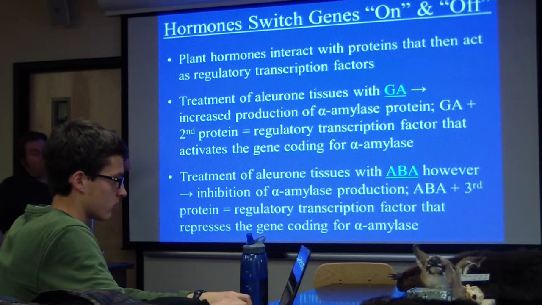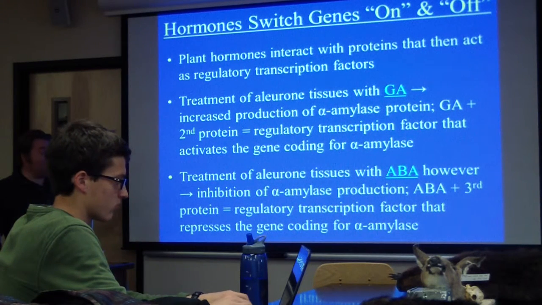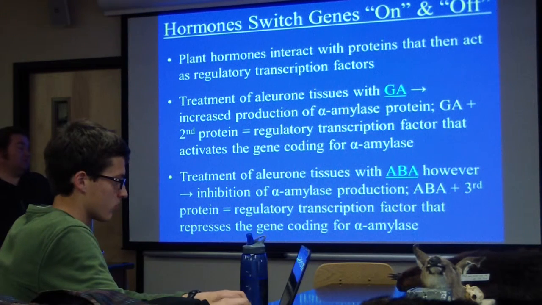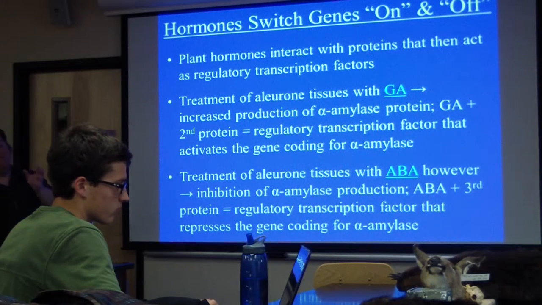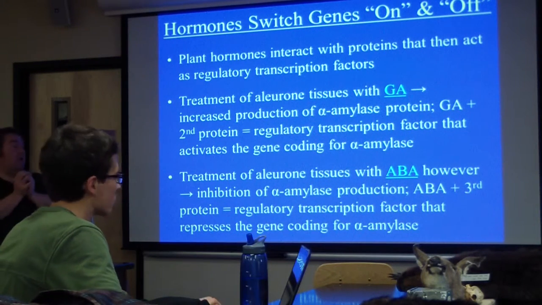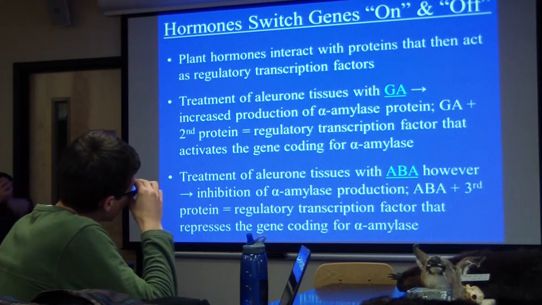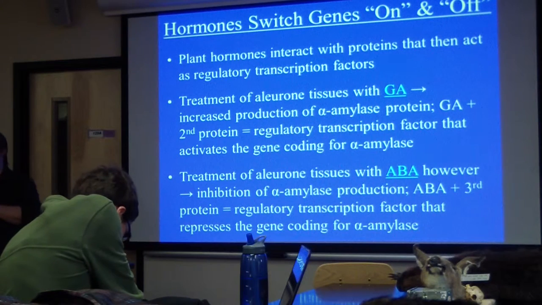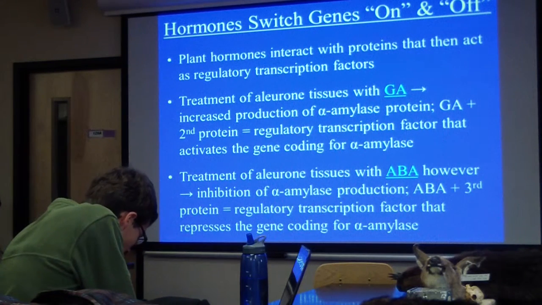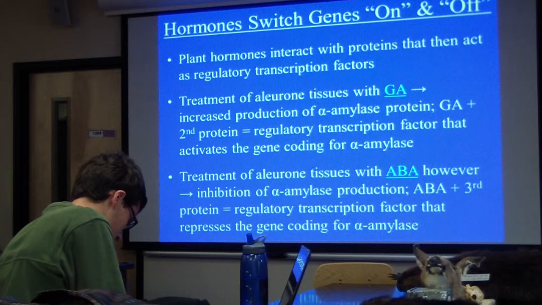If you treat aleurone tissues with abscisic acid, however, I didn't talk about this, alpha amylase production is inhibited. Well, that's because abscisic acid and a different protein bound together are behaving as a regulatory transcription factor that represses the alpha amylase gene. So here's an example where hormones are very directly behaving as regulatory transcription factors.